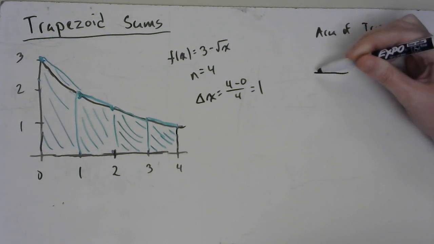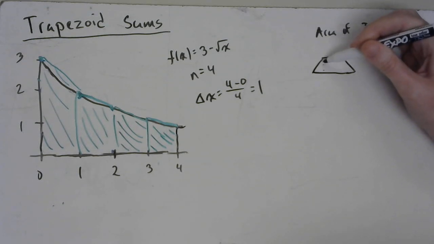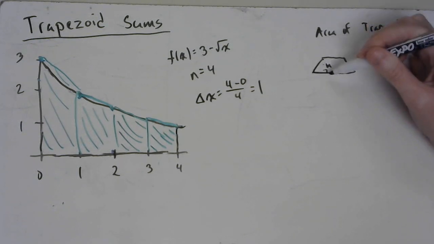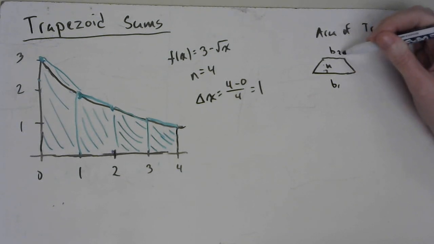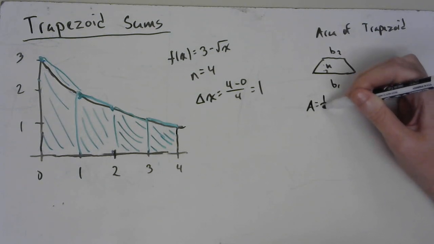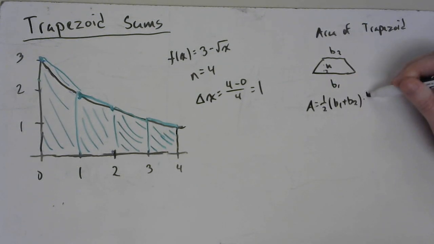So I've got my trapezoid here like this. I'd look at my height, that would be measured down to a right angle with both bases. And so we've got my base b sub 1, b sub 2. If I find these 3 lengths, my area is going to be 1/2 b1 plus b2 times h.